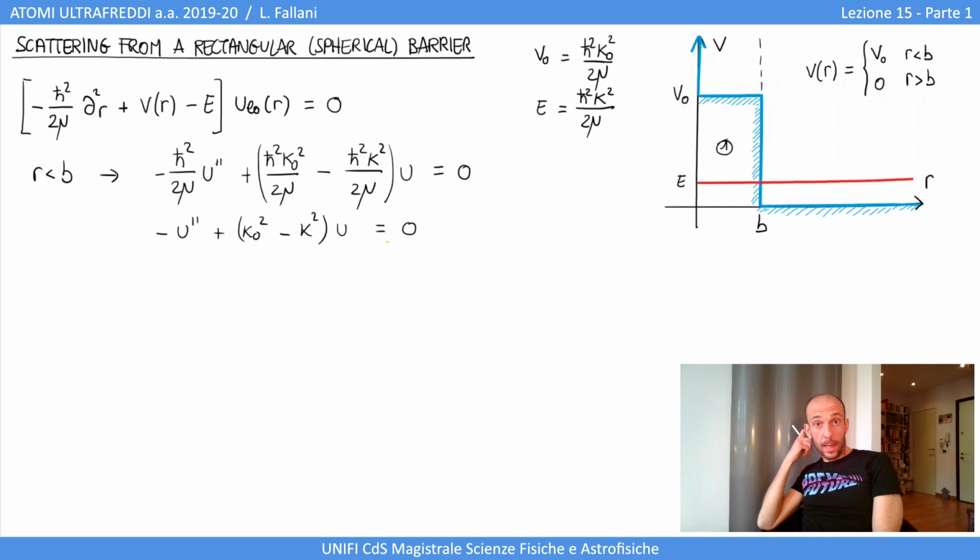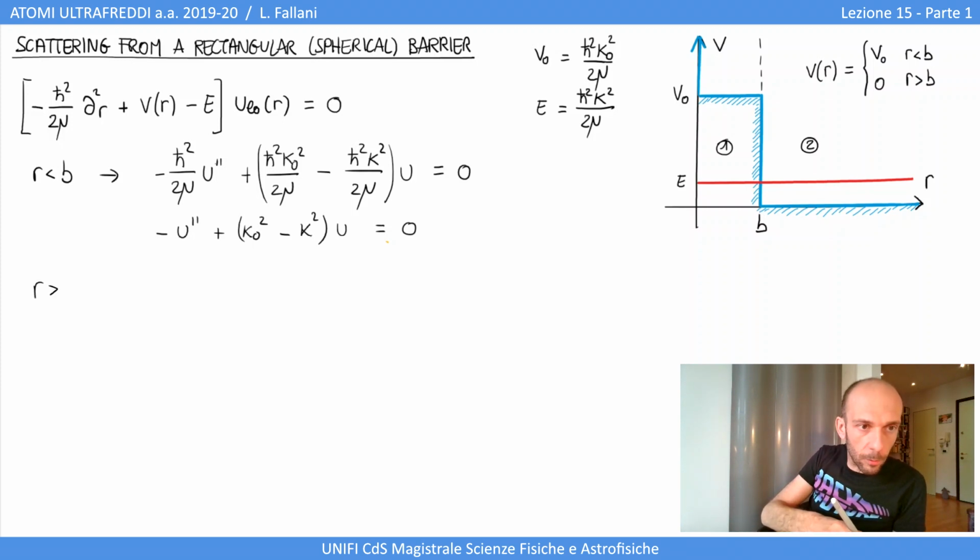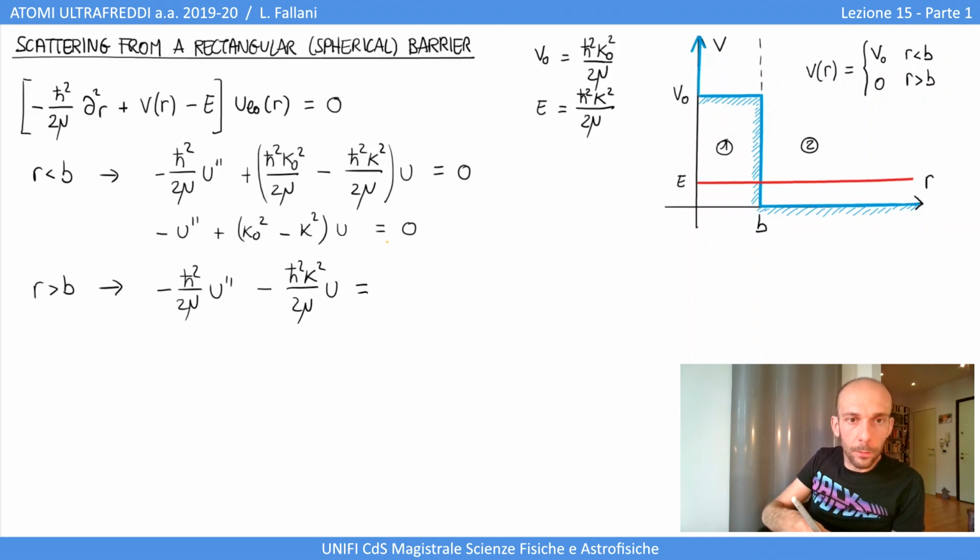Okay, and let me write also in region 2 a similar equation that is now even simpler, because of course now the potential is 0, and so the equation is minus h bar squared divided by 2 mu times the second derivative of u minus h bar squared k squared divided by 2 mu times u equals 0. That becomes minus u second minus k squared u equals 0.